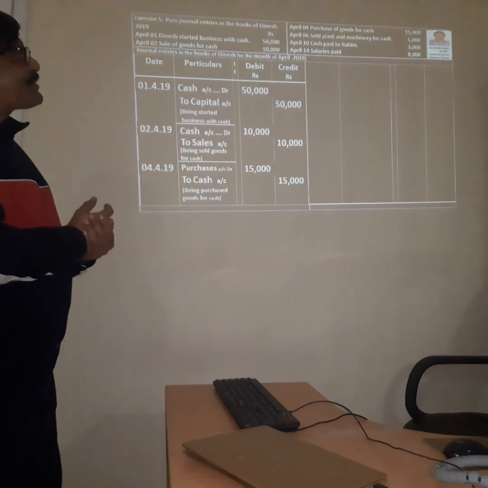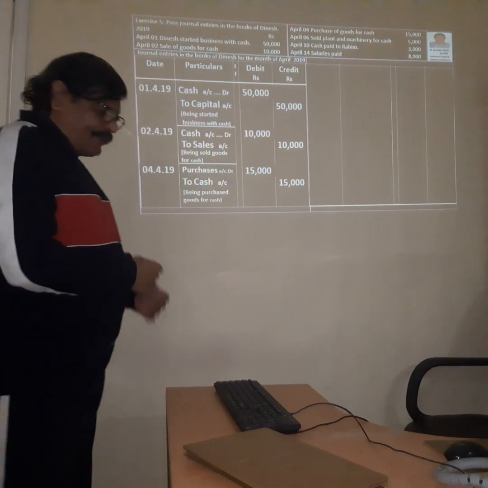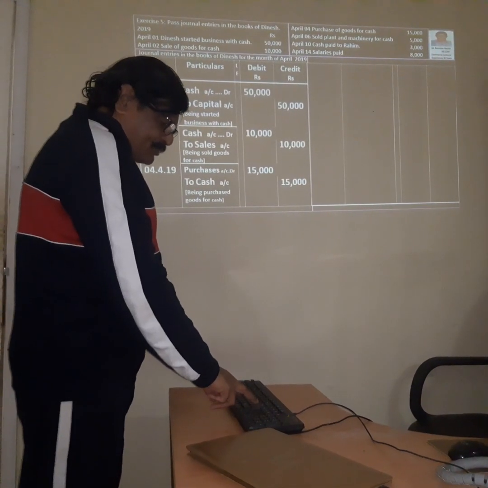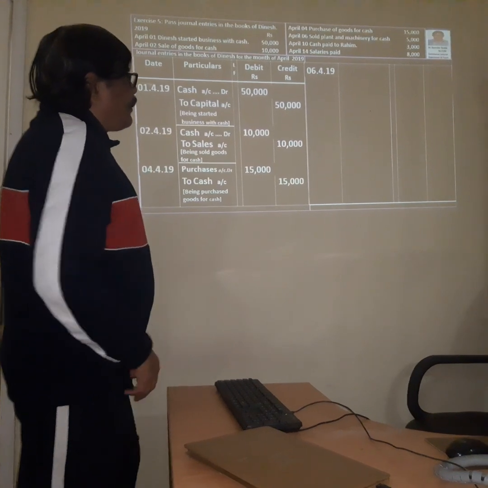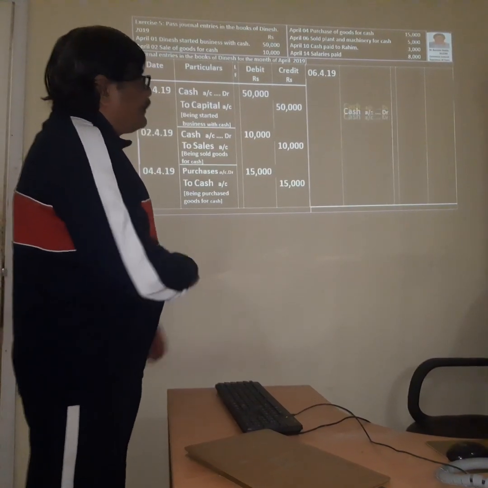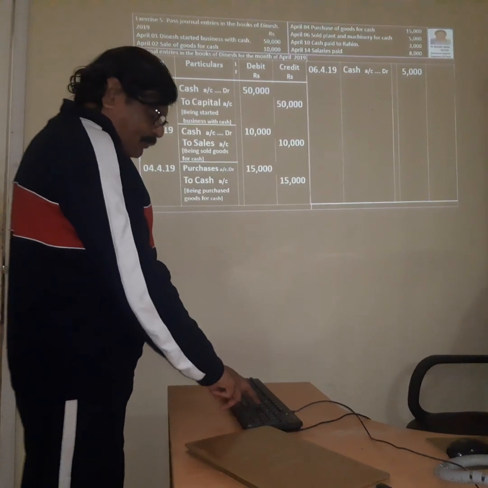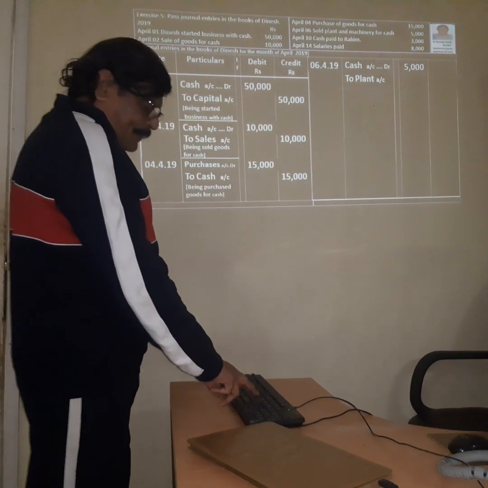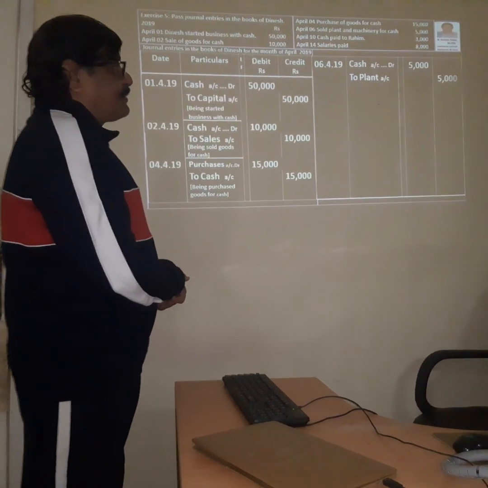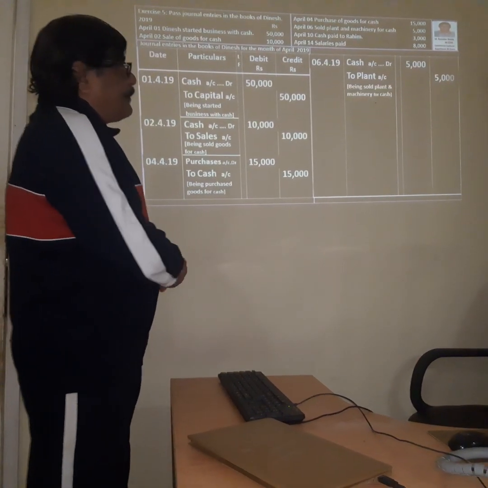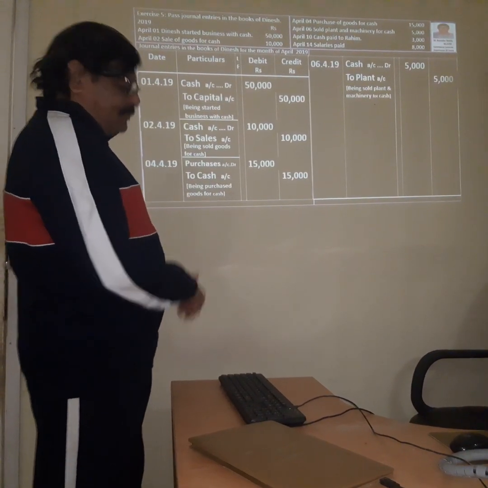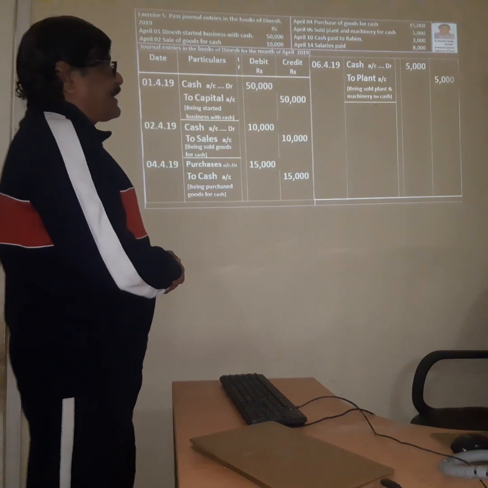So you write cash account debit to plant and machinery account. You can write machinery account also. So like this, on 6/4/2019, cash account debit to plant account credit. Credit amount is 5,000. Then the narration is being plant and machinery sold. Now draw a line to separate the transaction.